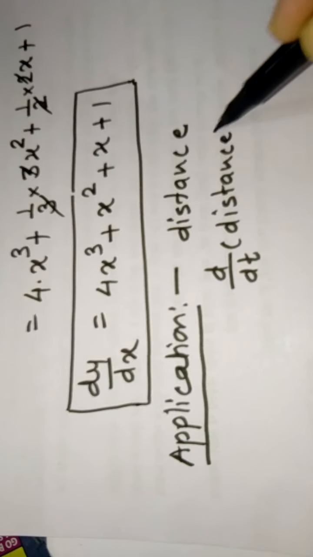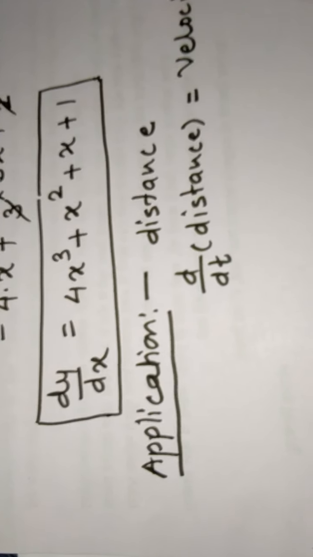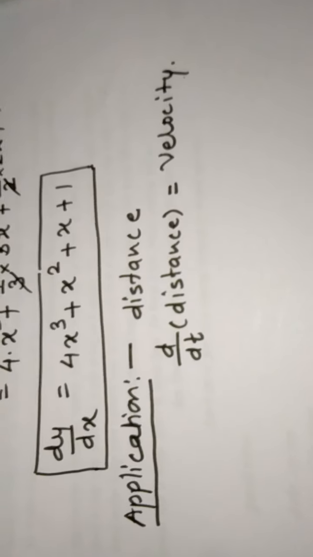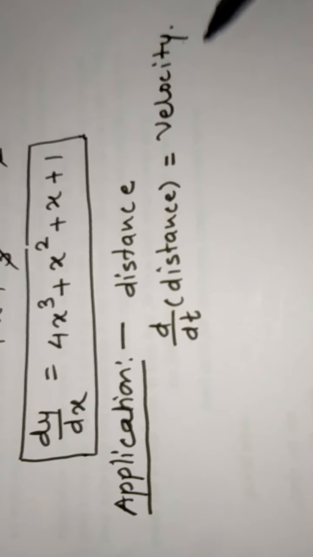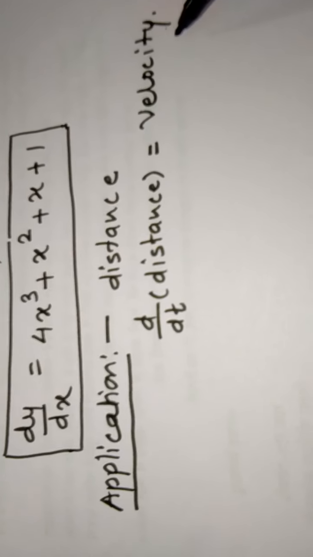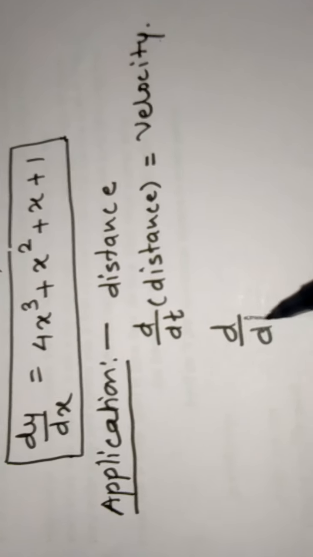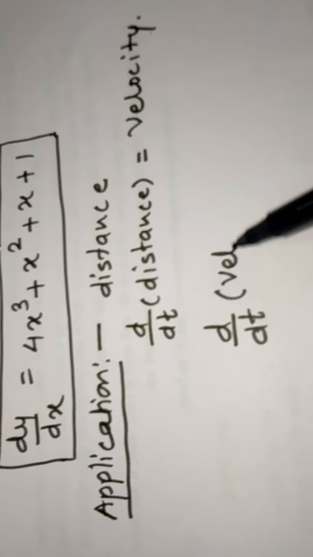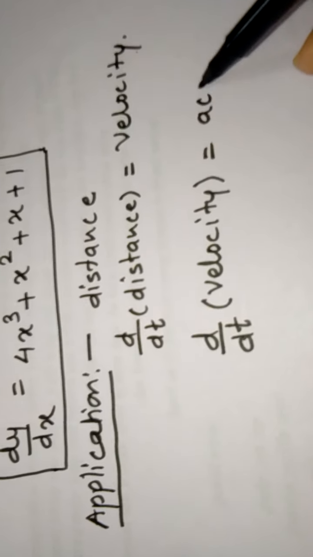If you find the first derivative of distance, then it is called velocity. You get the answer velocity. If you find the derivative of velocity, d by dt of velocity, then you get the acceleration.